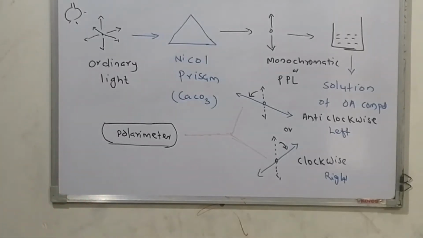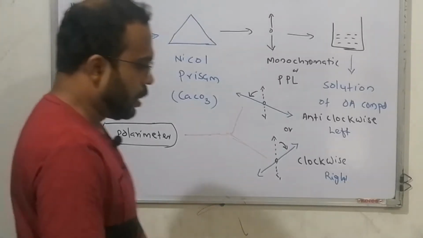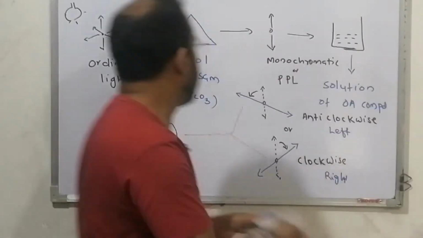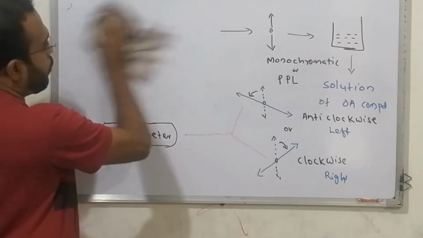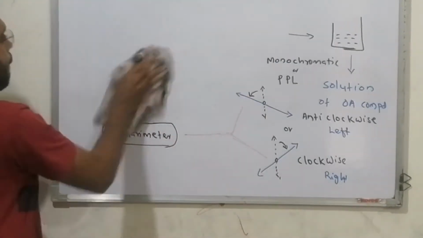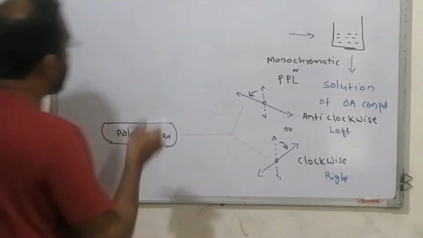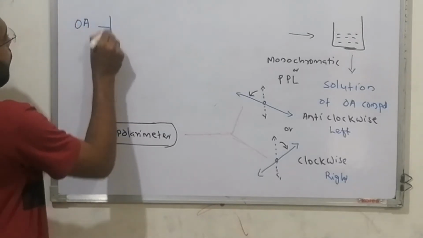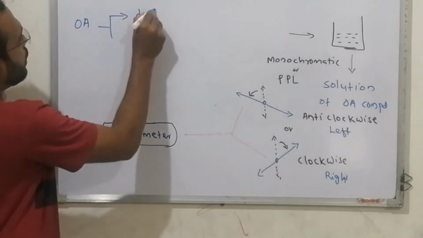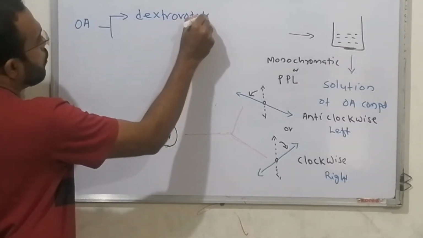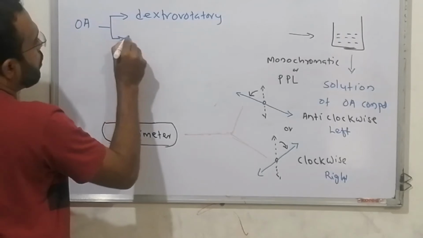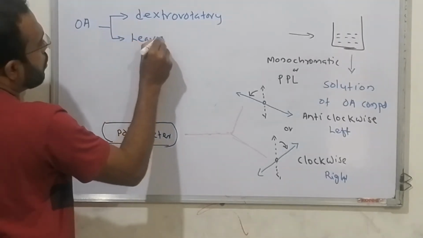This is what our optically active compound is doing. Now, an optically active compound may be dextrorotatory or levorotatory.